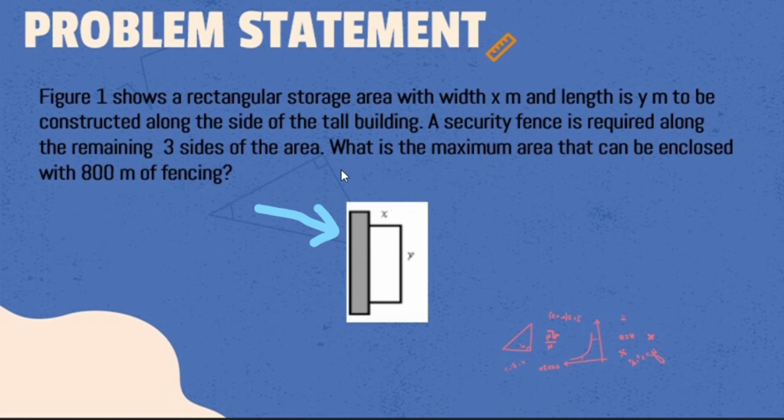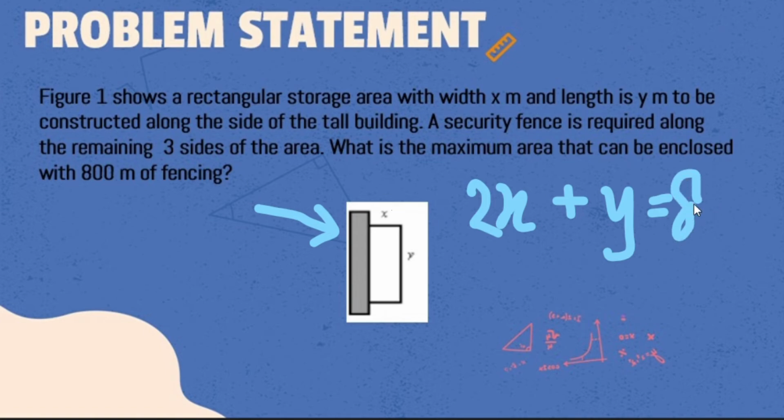From this statement, we get that 800 meters is equal to the perimeter of these three remaining sides. So we get 2x plus y equals 800.